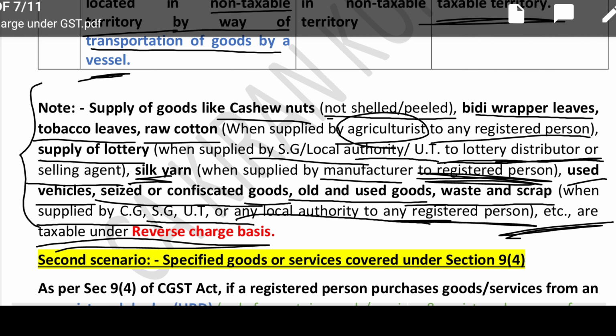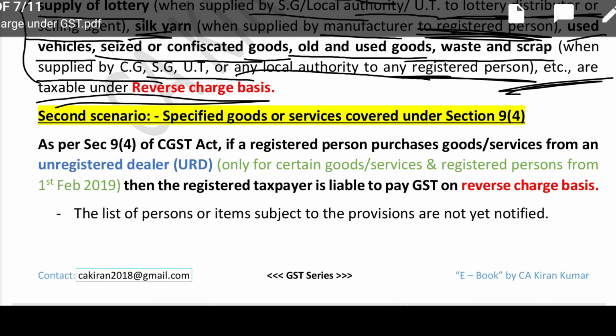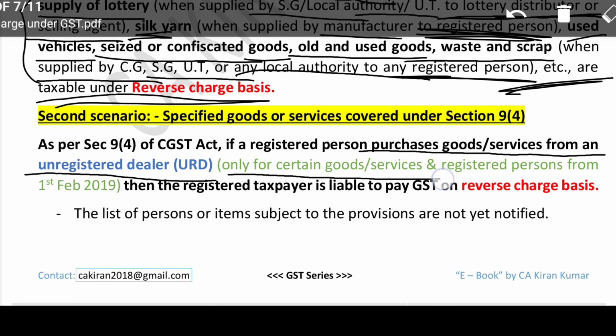And let's move to the second scenario of supply of goods. Section 9 subsection 4 of the GST Act says that if a registered person purchases goods or services from an unregistered dealer, this applies only for certain goods or services notified from 1st February 2019, then the registered person is liable to pay GST on the reverse charge basis, but the list of persons is not yet notified by the government.